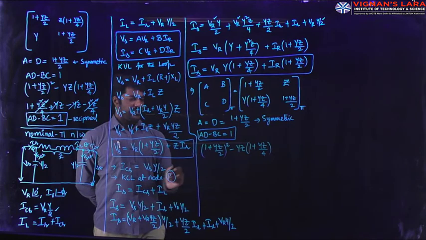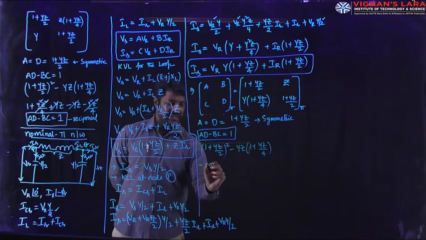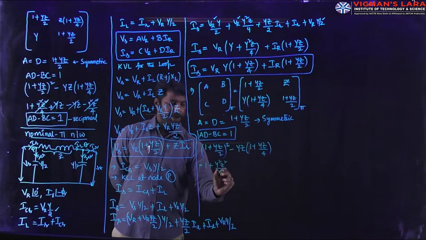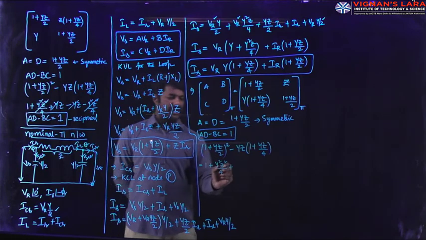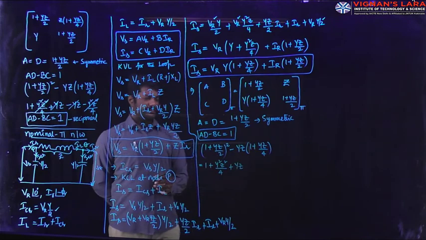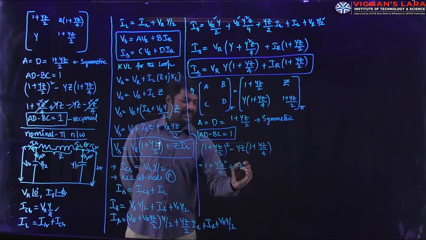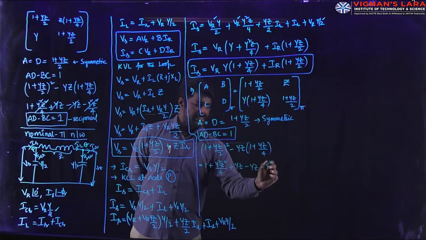Simplifying this, if you write a plus b whole square as a square plus b square plus 2ab, the 2s get cancelled, and the value you get on expansion is yz. Further you multiply it with this, minus yz minus y square z square by 4.